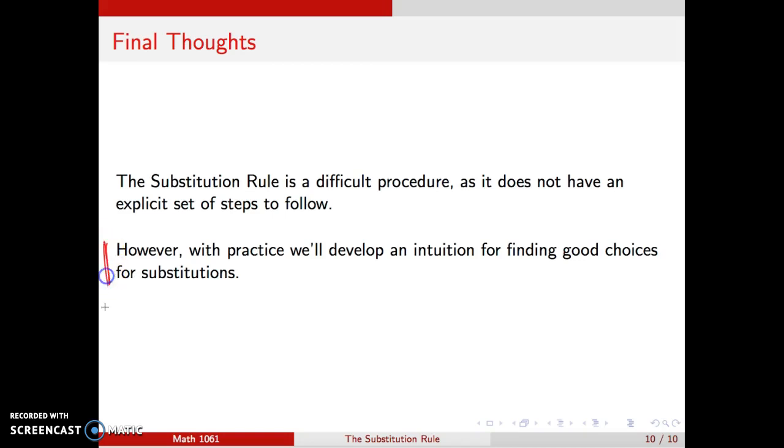So with practice, you'll get a good intuition for finding good choices for substitutions. When you first start this, you might get it to work on your third attempt, defining u equals whatever. But with practice, you'll find that pretty quickly you'll be making the right choice the first time through.